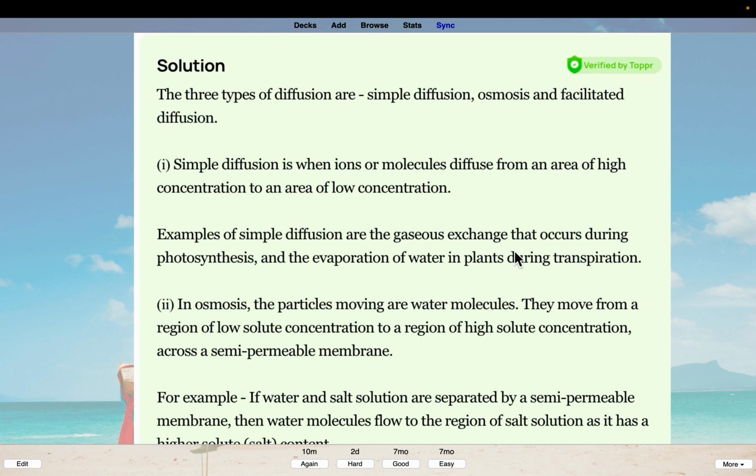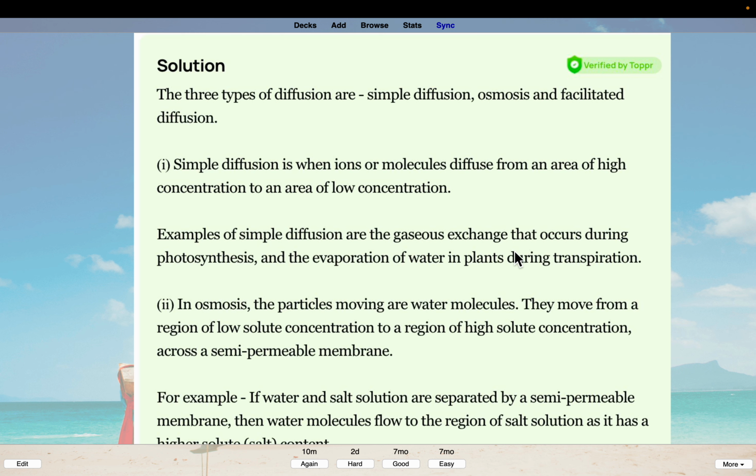So, yeah, if you remember the U-shaped illustration, that's exactly what osmosis is. For example, if water and salt solution are separated by a semi-permeable membrane, then the tendency is water molecules flow to the region of salt solution as it has higher salt content. To where there is a higher solute content, that's where water would go.